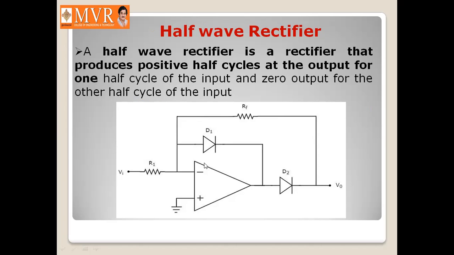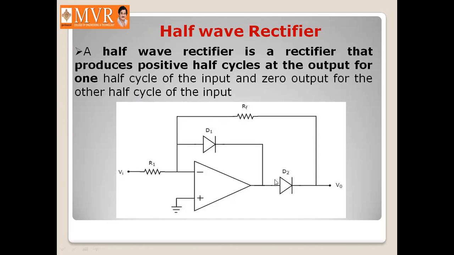In this, the non-inverting terminal of the op amp is grounded, and the inverting input terminal is connected to the input signal through a resistor R1. Here we are going to connect two diodes. One diode is connected between the output terminal of the op amp and the inverting input terminal of the op amp as a feedback.